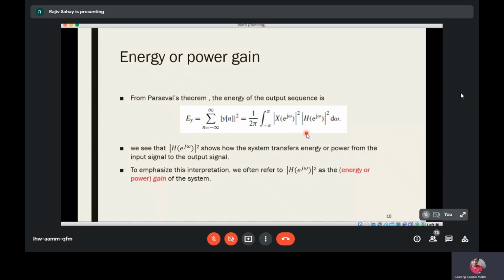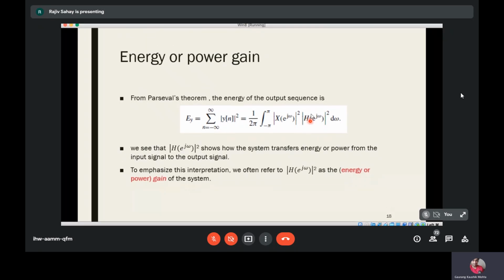If you see here, this particular term, H of e to the j omega mod square, plays a role in how the LTI system transfers energy or power from the input signal to the output signal. So the output signal will have a modified amount of power or energy as compared to the input signal based upon this particular term.